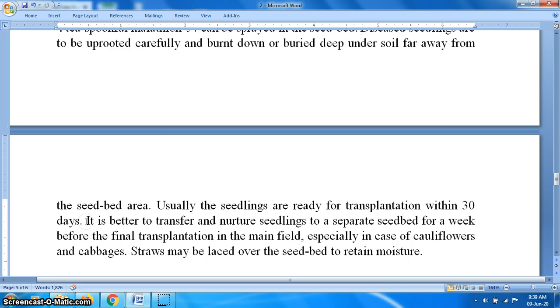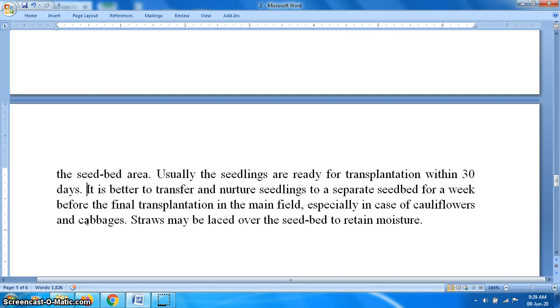It is better to transfer a mature seedling to a separate seedbed for a week before the final transplantation in the main field. Especially in case of cauliflowers and cabbages, straw may be placed over the seedbed to retain moisture.